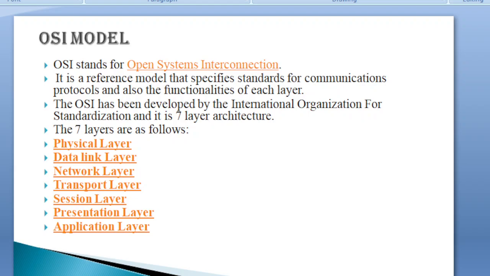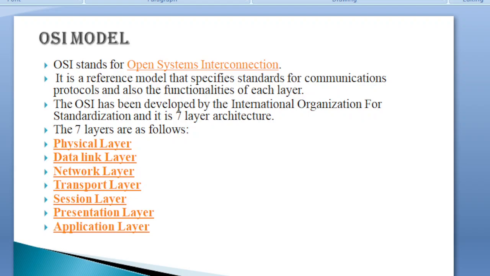This OSI model is a function oriented approach. The TCP/IP model is the real computer network model, but the OSI model is just representing the functionality of each layer. It was developed by the International Organization for Standardization, and it has several layers.